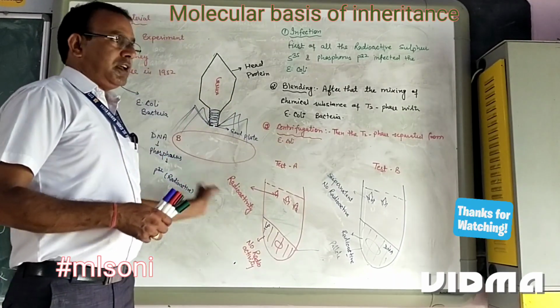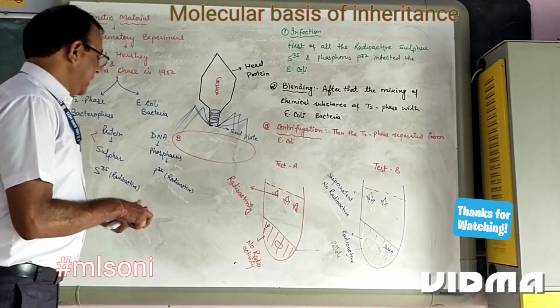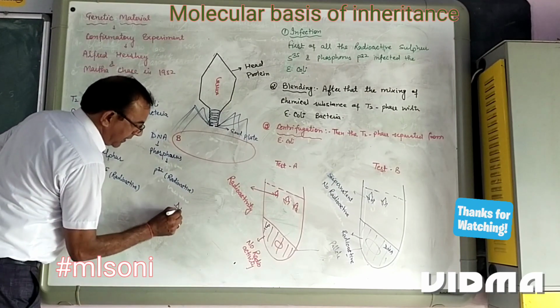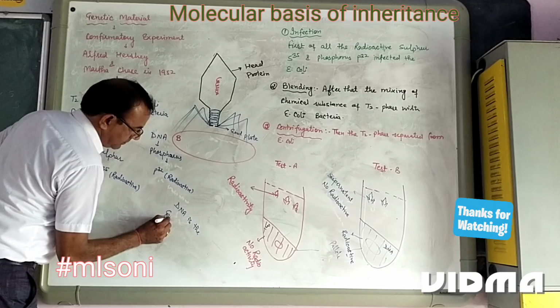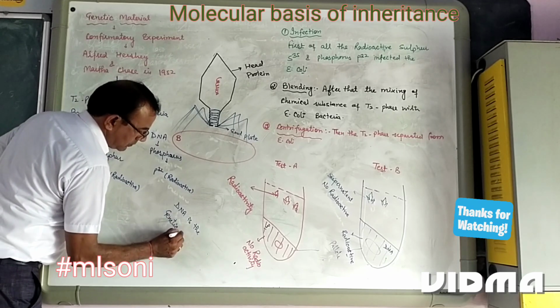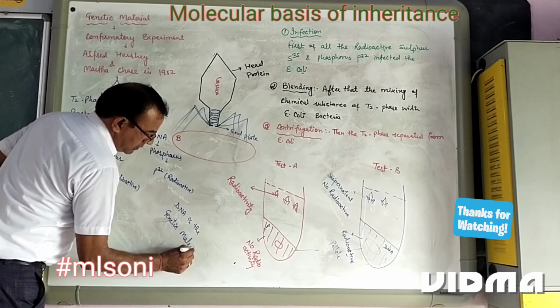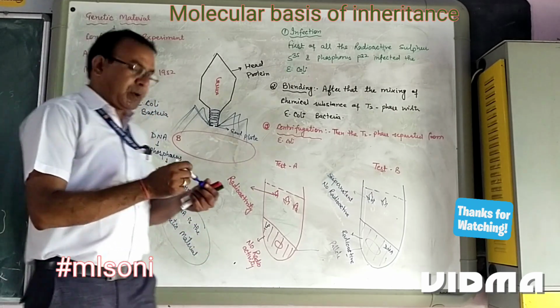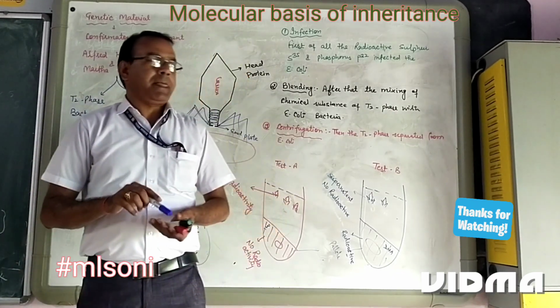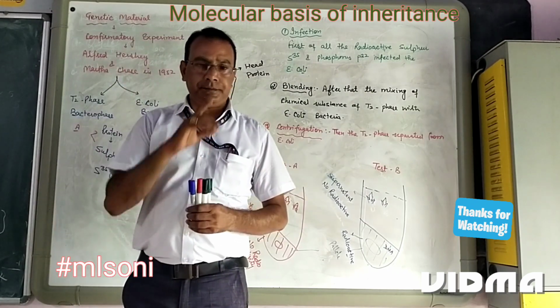So here they proved that DNA is the genetic material. Clear? In the next part we will discuss the differences between RNA and DNA.